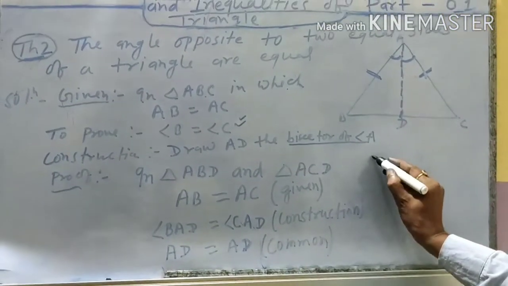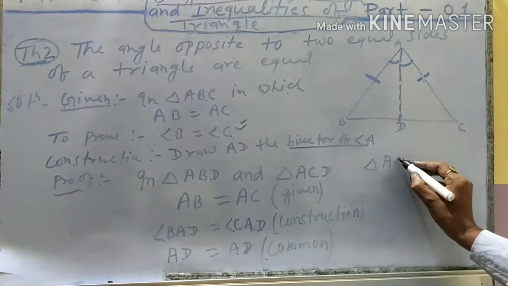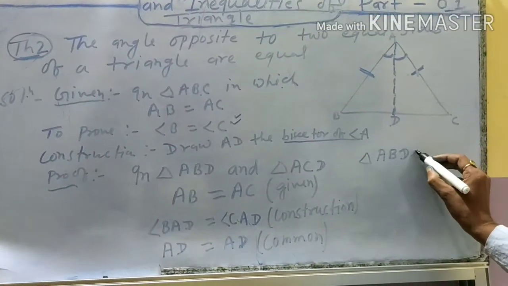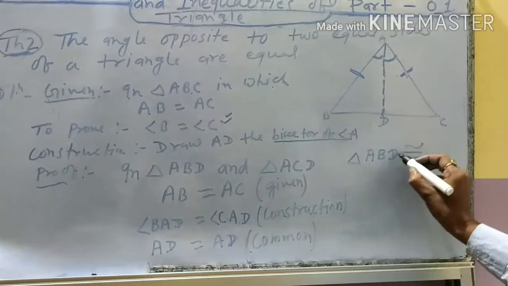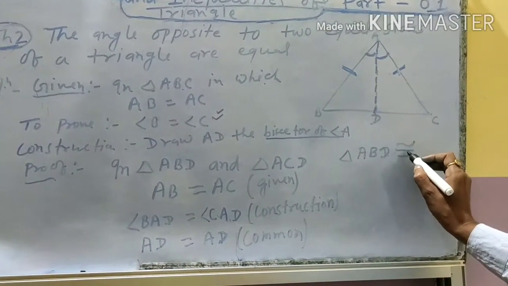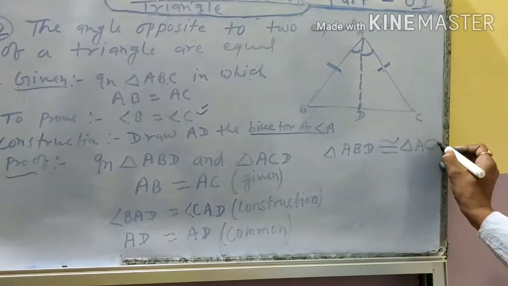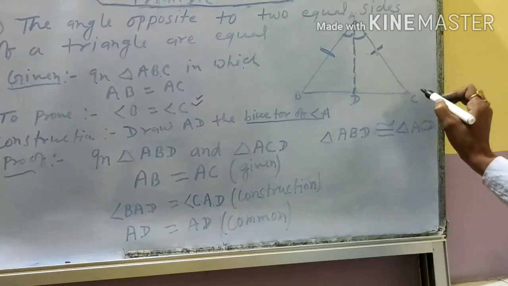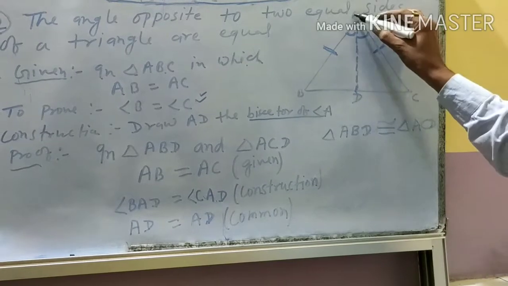Okay. AD is equal to AD, common. So triangle ABD is congruent to triangle ACD.